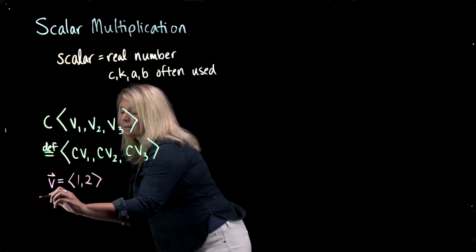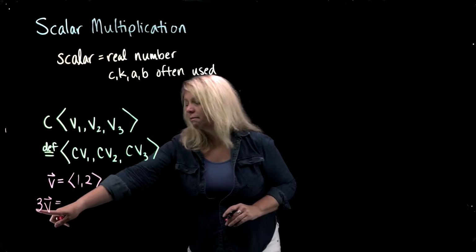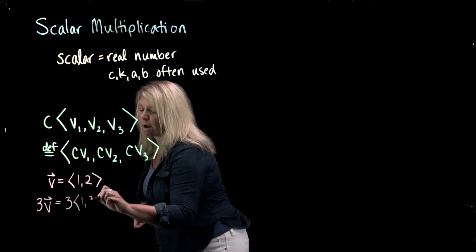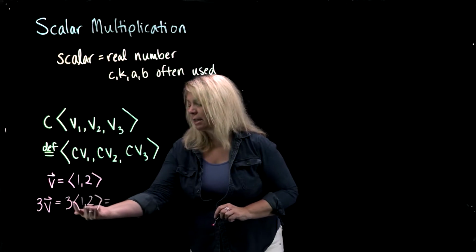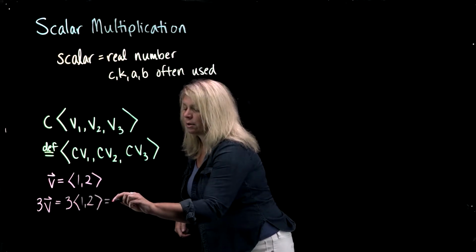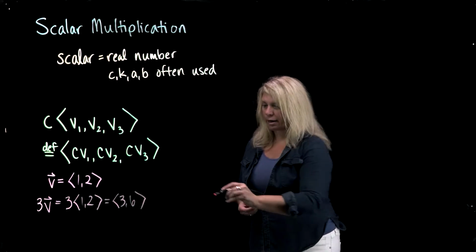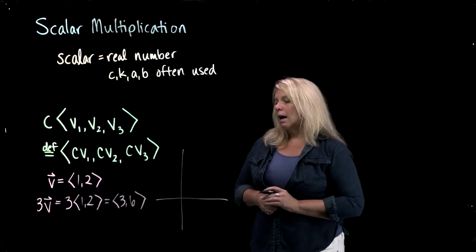And I'm going to look at those two vectors here. So if I take 3v, that's going to be 3 times the vector 1, 2. And so using this definition, it'll be 3 times 1 and then 3 times 2. So 3, 6.